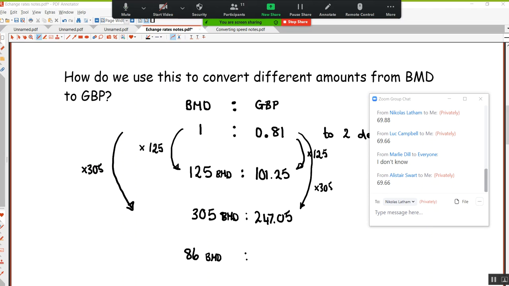So who would like to tell me, guys, what do we do to get to 86 Bermudian dollars? Times 0.81. Why? You're right, but why?